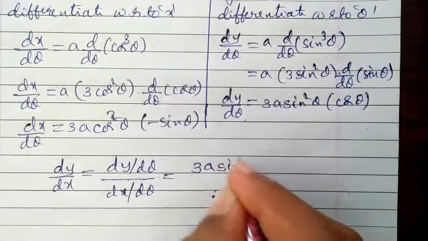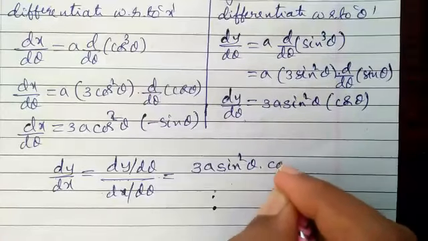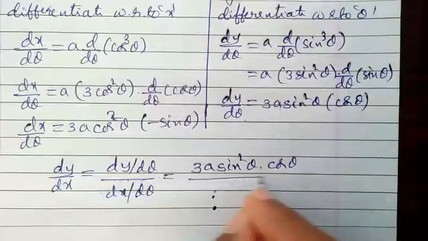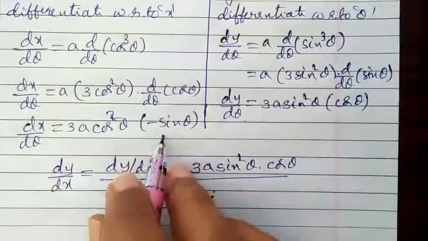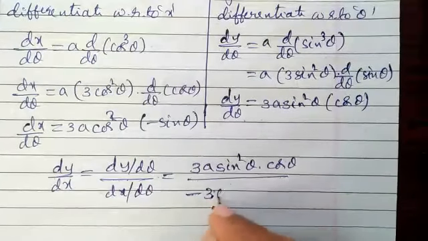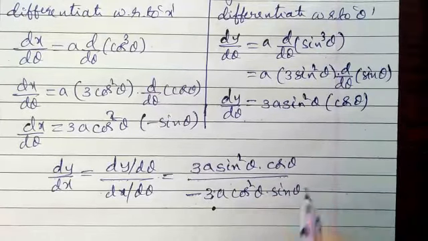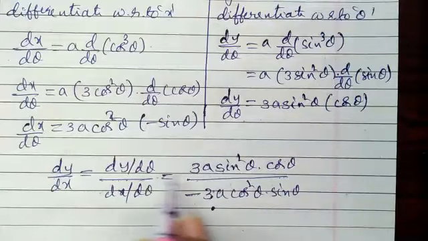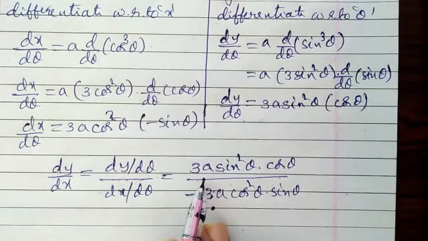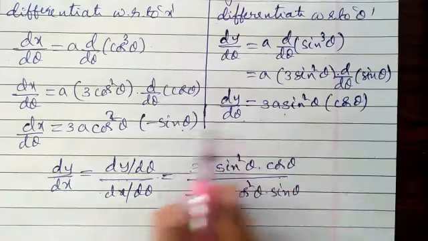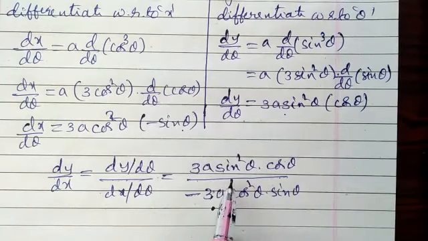3a sin square theta cos theta divided by minus 3a cos square theta sin theta. First, the resultant should be right. While writing this resultant, take some more time, because sometimes we calculate differently and while writing we forget and make mistakes.